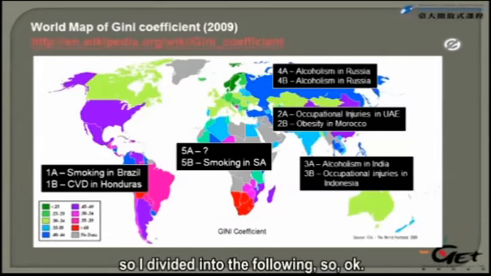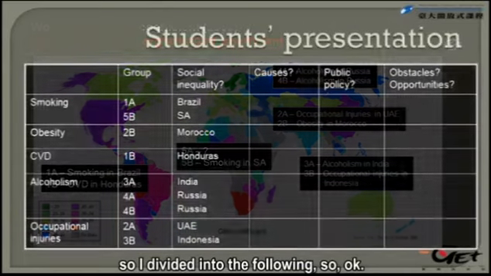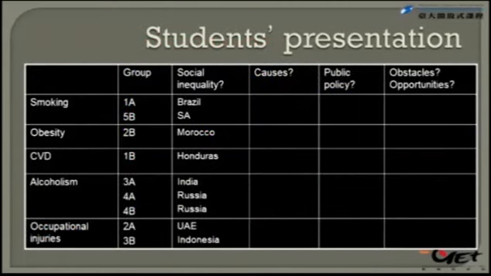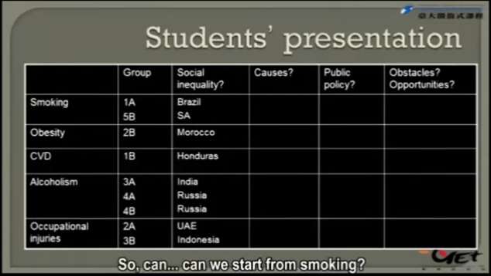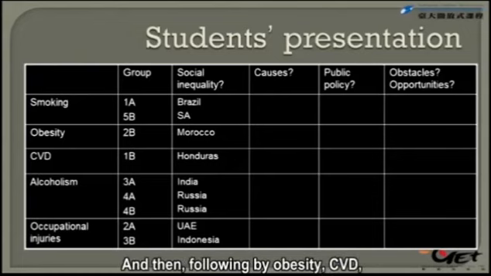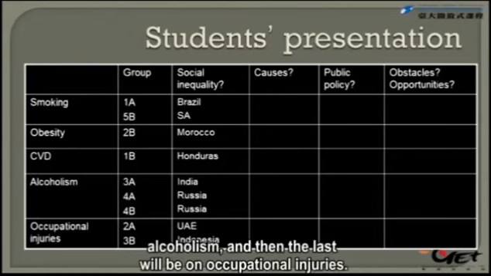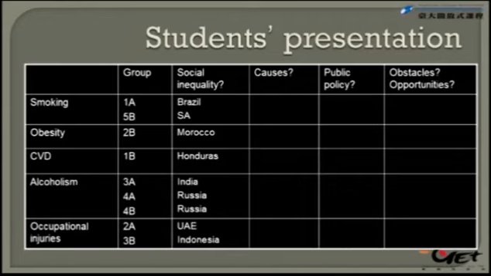So I divided into the following. Can we start from smoking, followed by obesity, CVD, alcoholism, and the last will be occupational injuries.